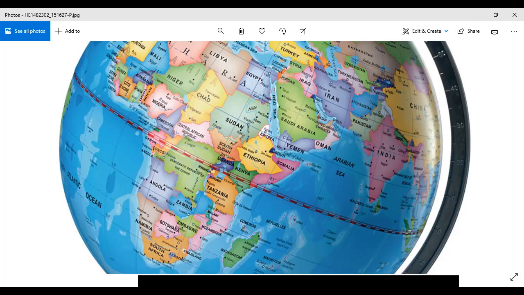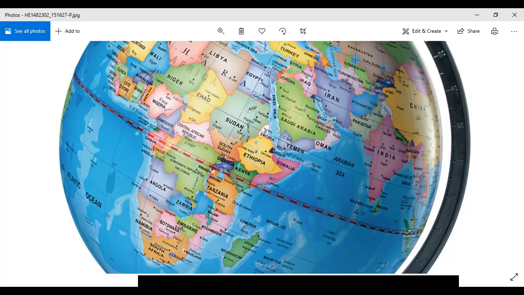Then over here we have the Arabian Sea, then Iran, then we have Saudi Arabia, Yemen, Ethiopia, Somalia, Sudan. These are all countries you might have learned or heard the names of, like Zambia, Tanzania. Then we have Africa, South Africa. See, Pakistan is over here and South Africa, it's like two corners, right?